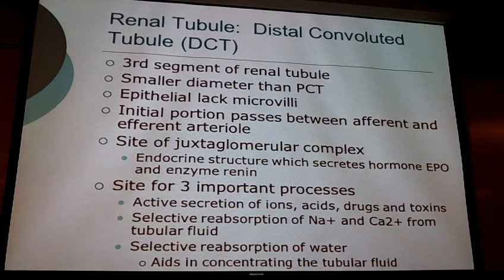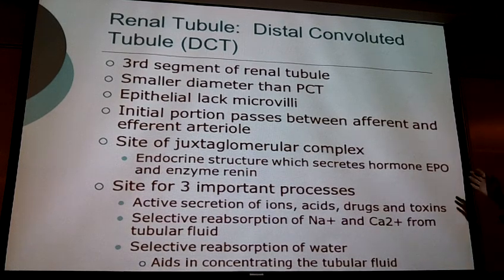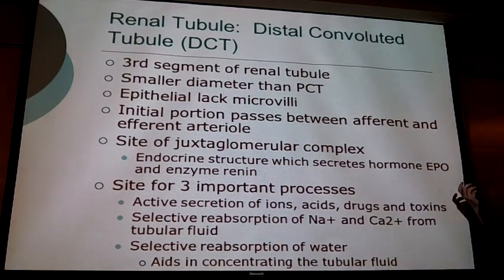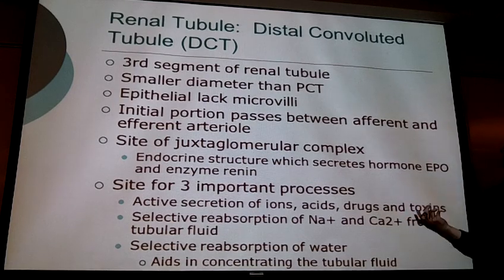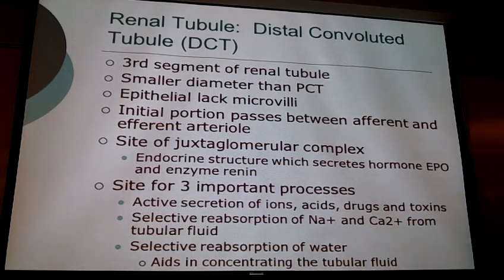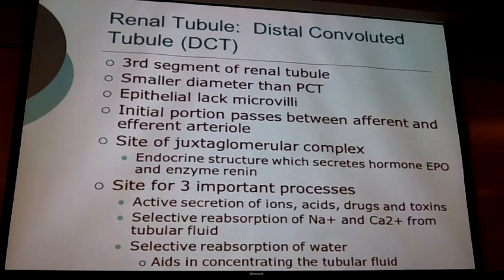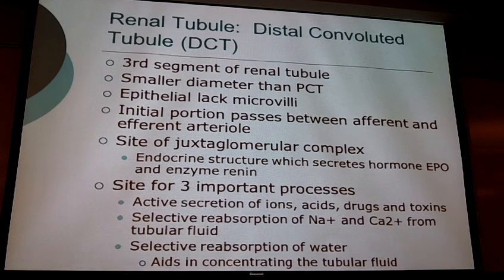Let's say you took some Tylenol, and the liver breaks down that Tylenol, releases a variety of metabolites. The kidneys then will secrete those metabolites. So if those metabolites, those drugs, those toxins didn't end up in the filtrate, then we have pumps that will actively take these various compounds from the blood, transport them into the interstitial fluid, and then transport them into our tubule.